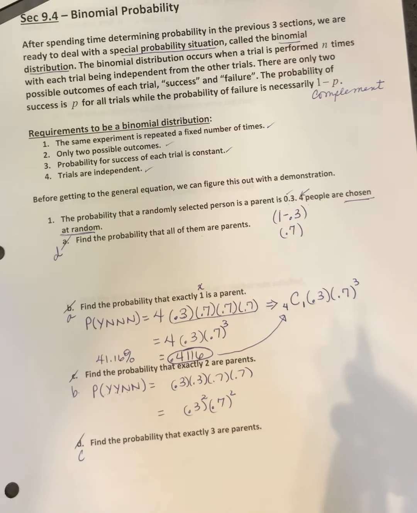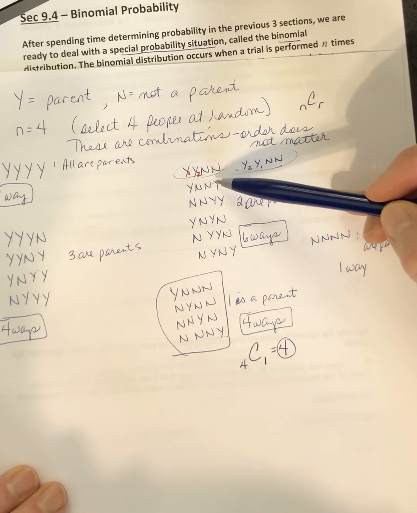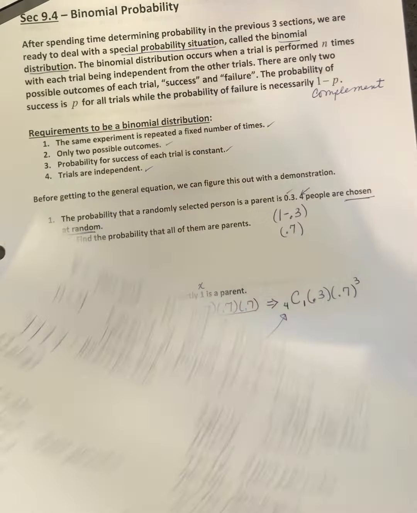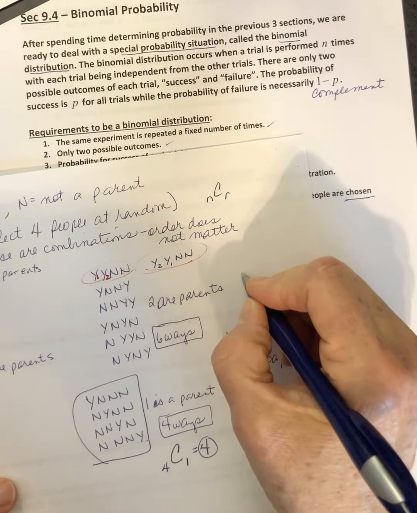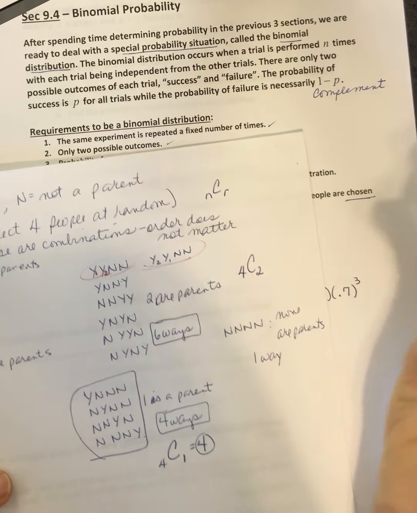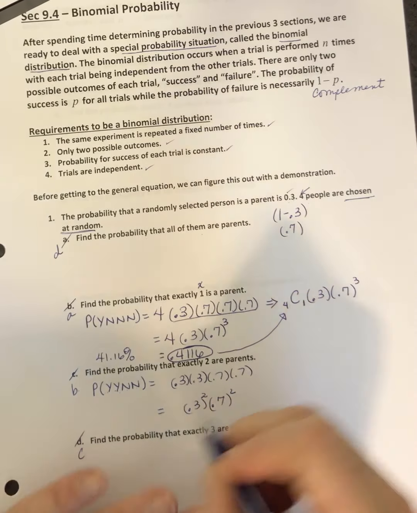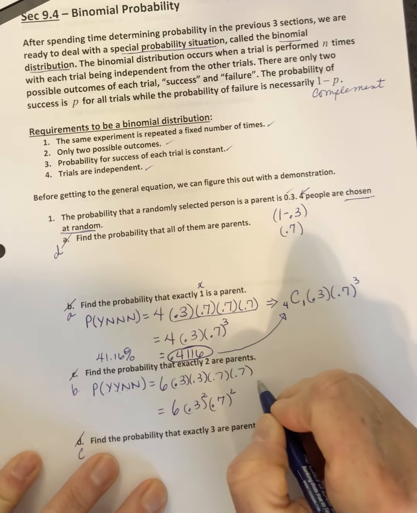But how many of those do we have? Well, we have 1, 2, 3, 4, 5, 6 of those. So what I want you to notice is that if I have 4 choose 2, and you work your formula, you're going to get 6. So we need to multiply those by 6.